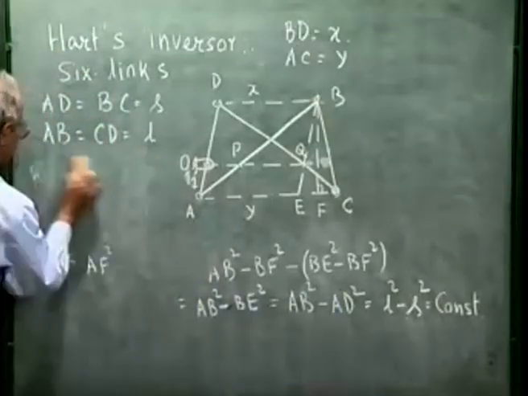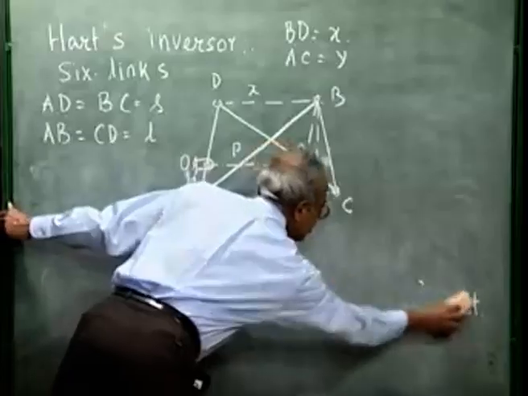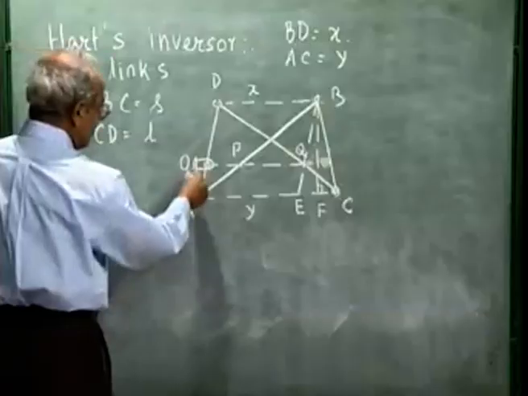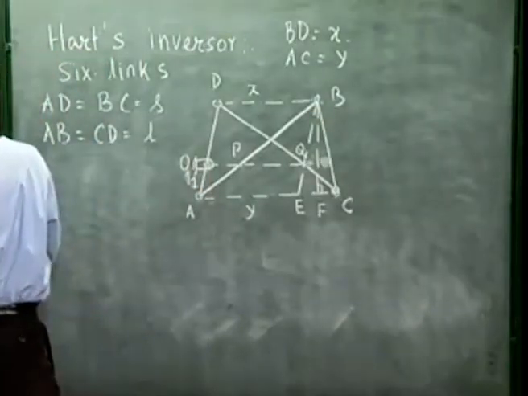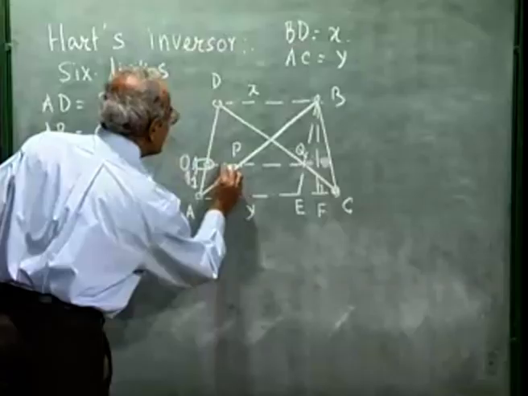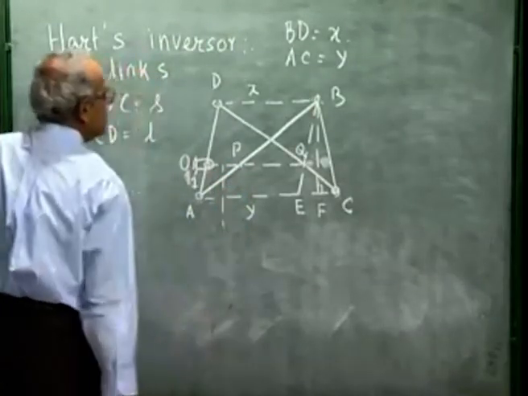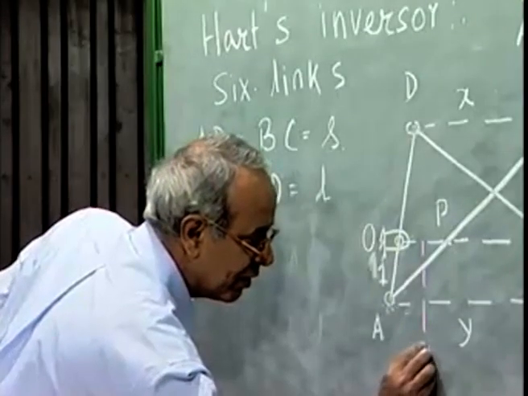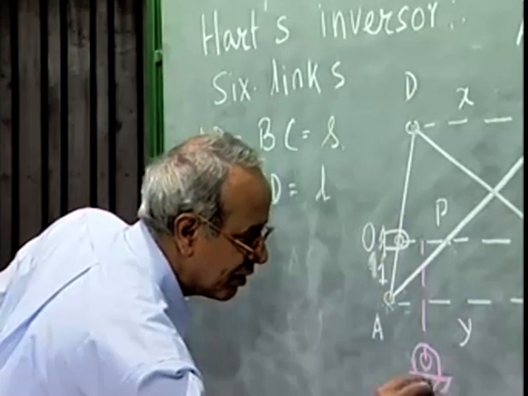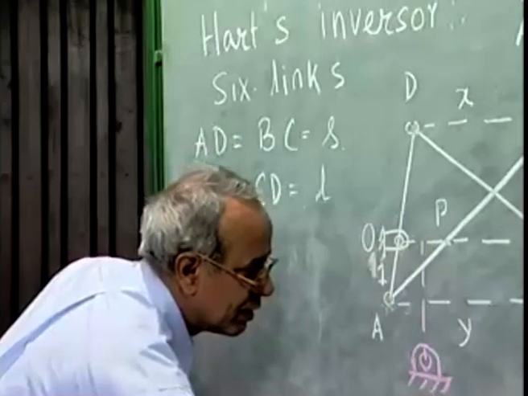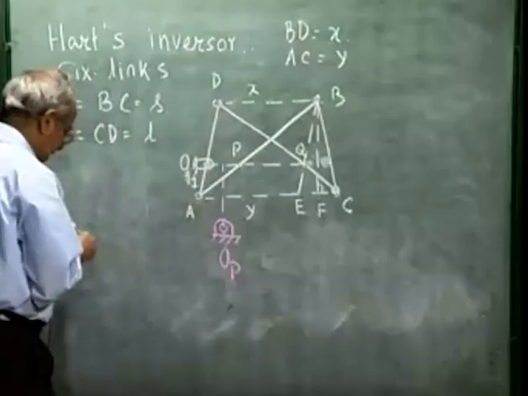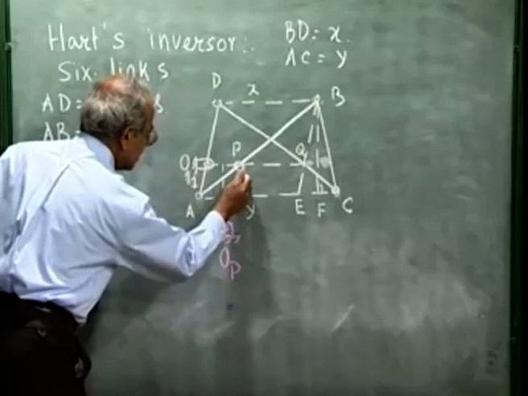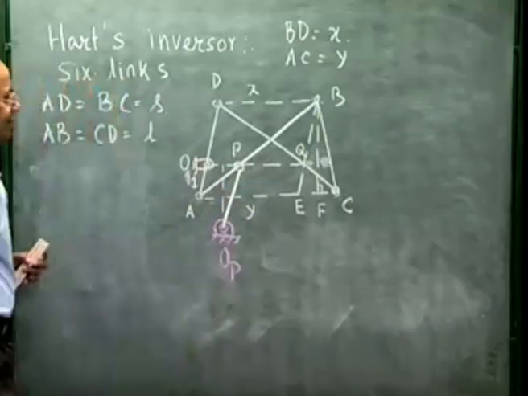As in the case of the Peaucellier mechanism, now we add one more link so that the point P is guided along a circle passing through O, which is simple. We draw the mid-normal of OP, and on this point we call O_P, and here we put another hinge and connect by a rigid link.